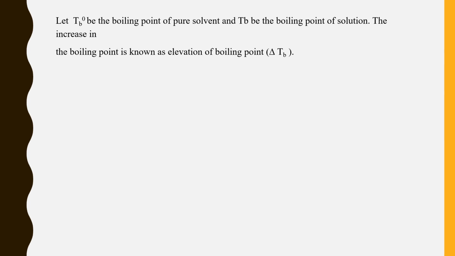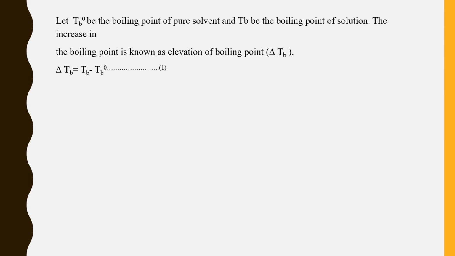It is denoted by delta TB. So from this, the value of delta TB will be equal to TB minus TB naught, where TB is the boiling point of solution which has higher value, and TB naught is the boiling point of pure solvent which has lower value.